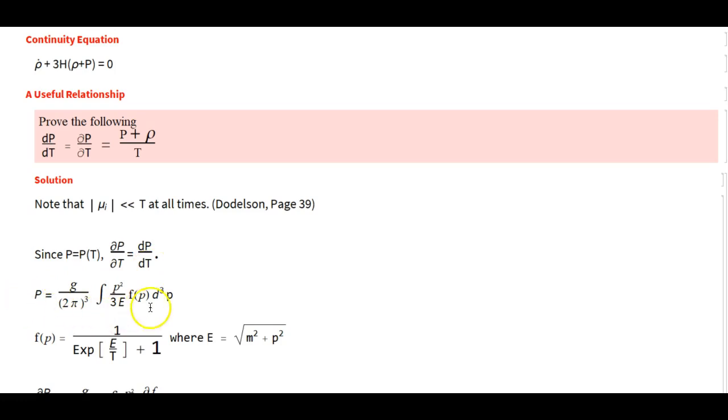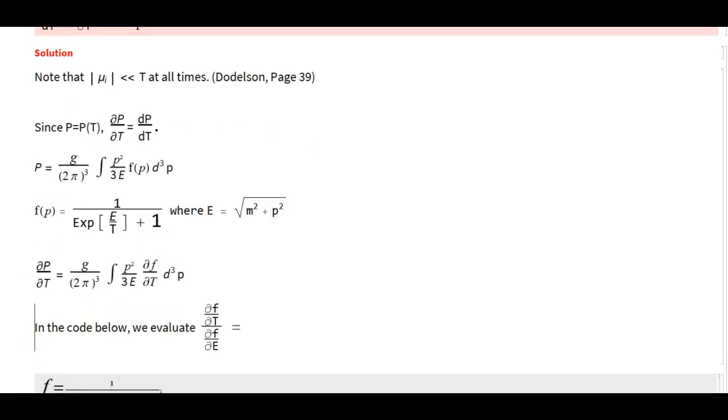Now the relationship for pressure is this, which we have seen before. And when I take its partial derivative with respect to T, I can write this as follows.